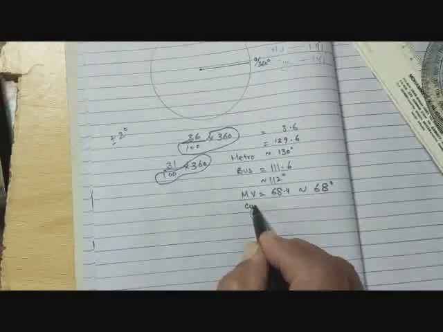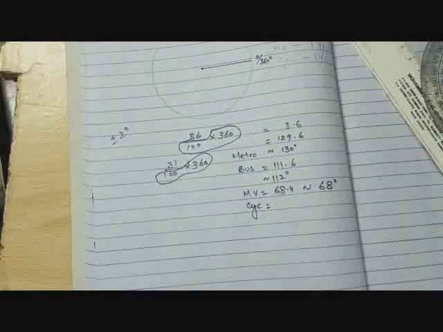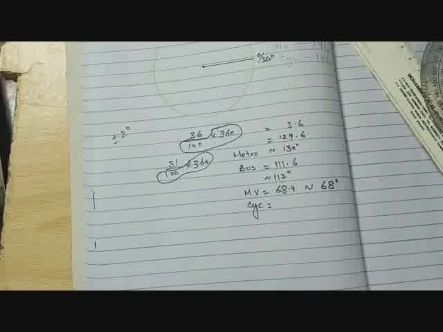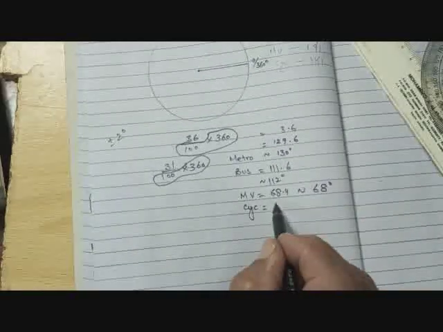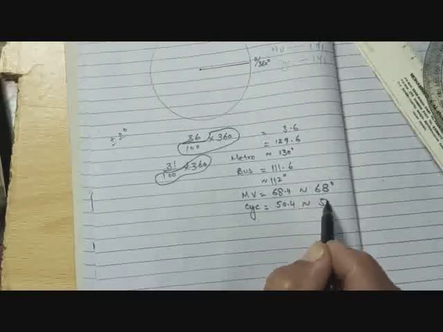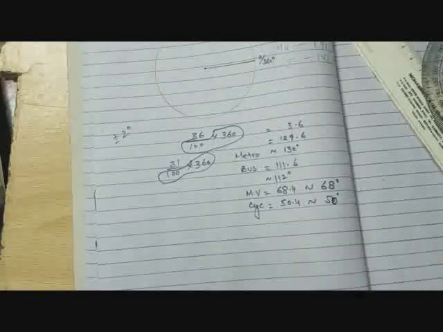And for cycles it is 14. Yes, 14 multiplied by 3.6 gives us 50.4, almost equal to 50 degree. Okay, now 50 degree.